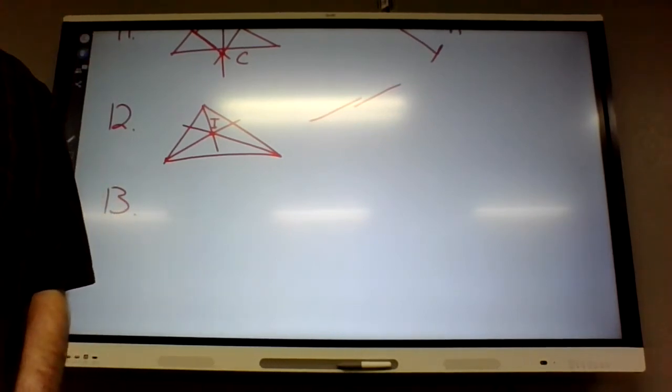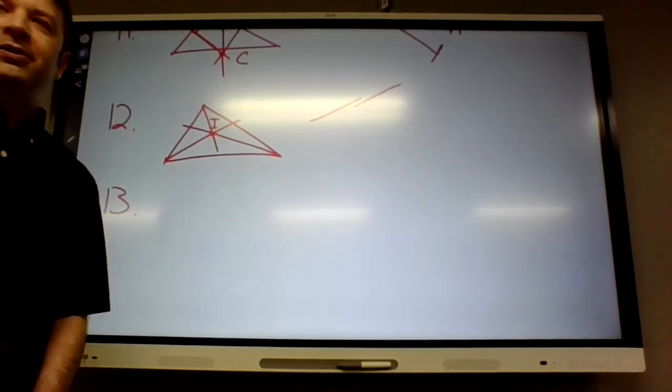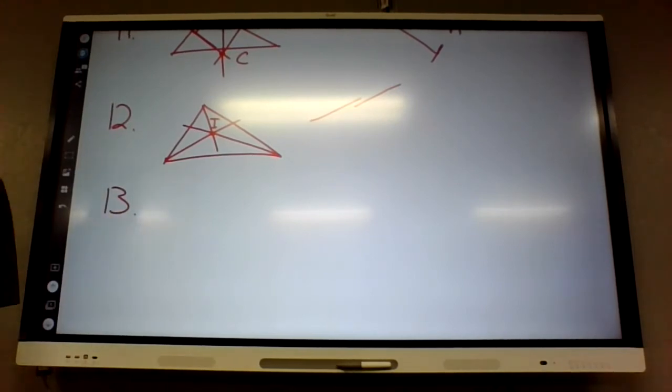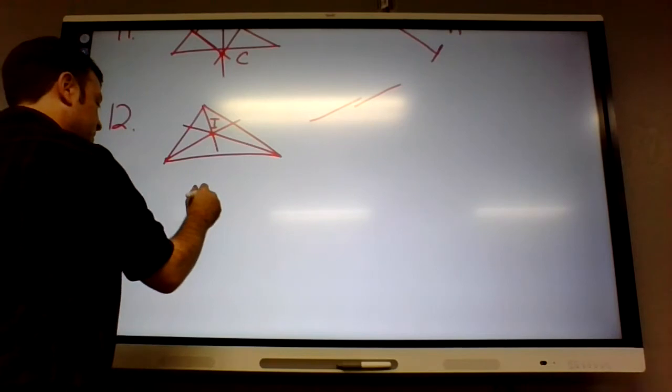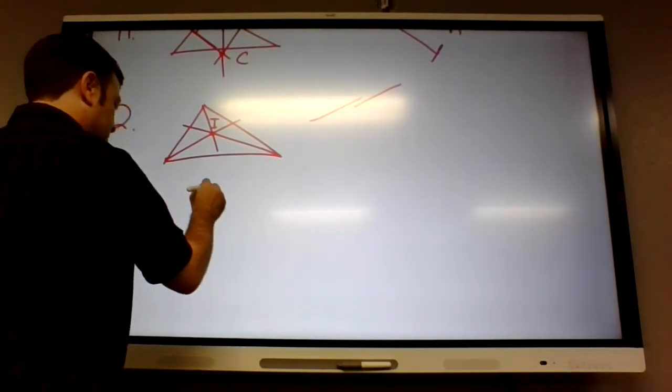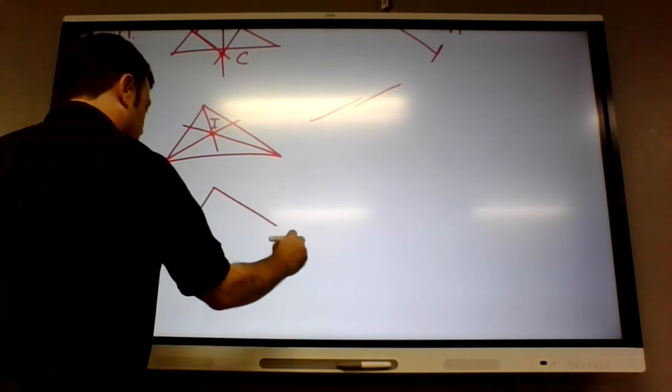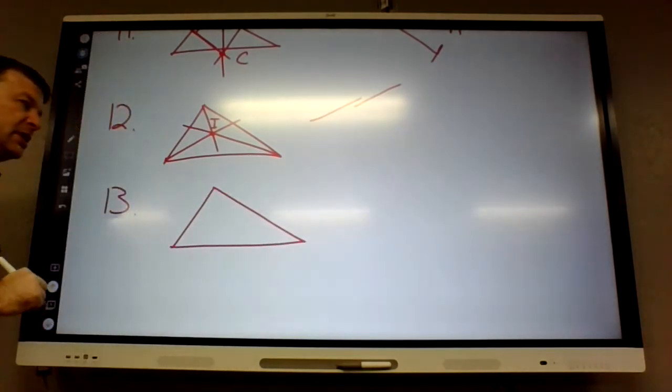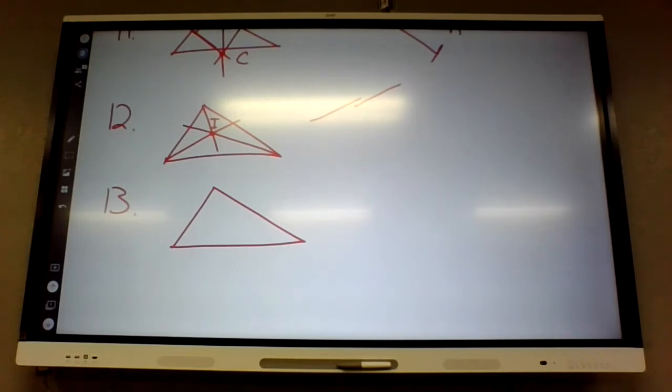Centroid. Centroid sounds like center. Which one sounded like middle, median? Yeah, so centroid is made up of medians. And where do medians go from and to? They go from the vertex to the middle of the opposite side.